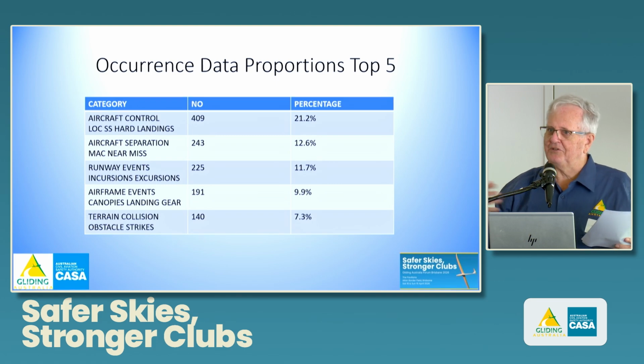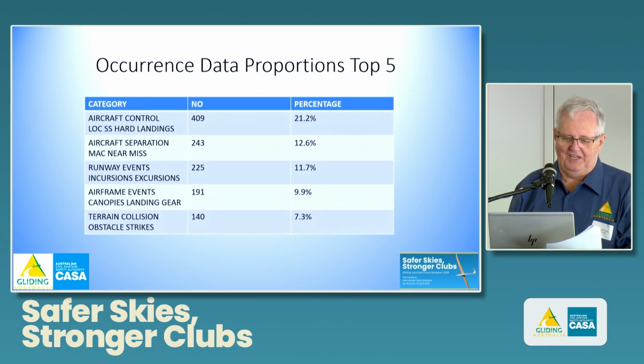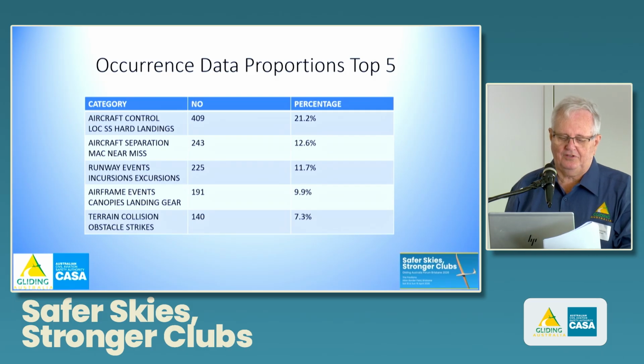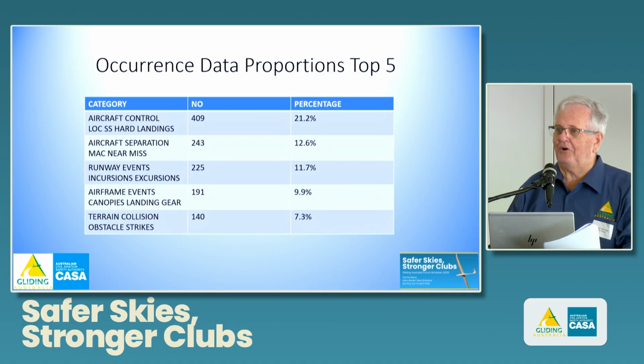So there's a whole bunch of behavioural issues that can affect this, as you know. Runway events, incursions, excursions, things going wrong on the ground. There's a pretty high category there. That's 11.7%, 200 plus occurrence reports. Airframe events, canopies, landing gear, all the defects that might affect a glider.